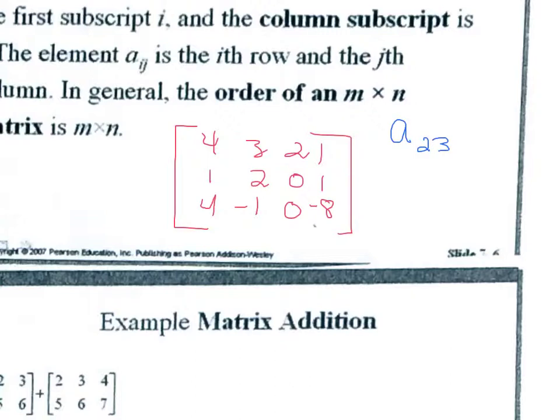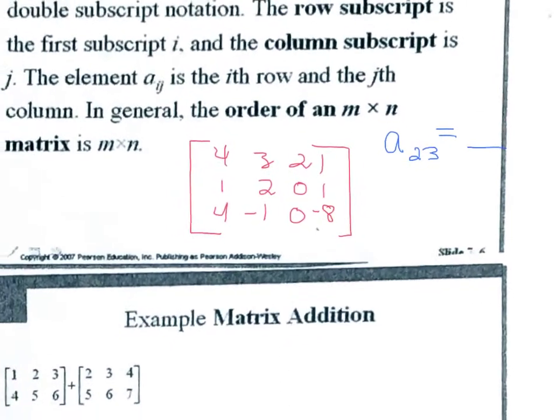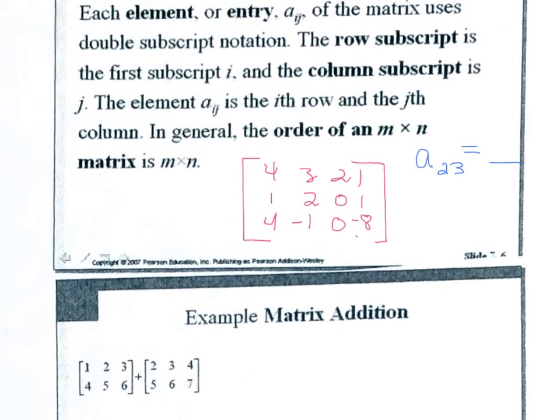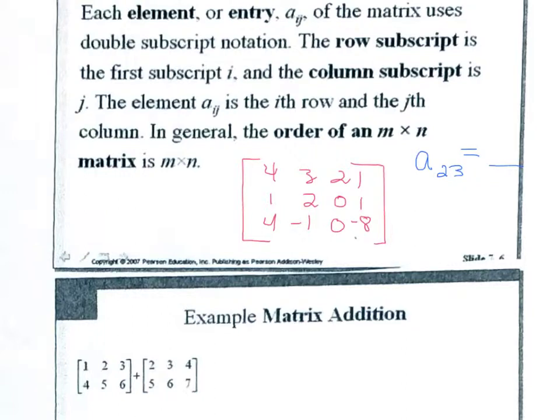What is A 2 3 equal to? Okay, in that case, the 2 is representing the I. Let me just underline that. I is a row, and J is a column. So this is a row, and this is the column, okay?